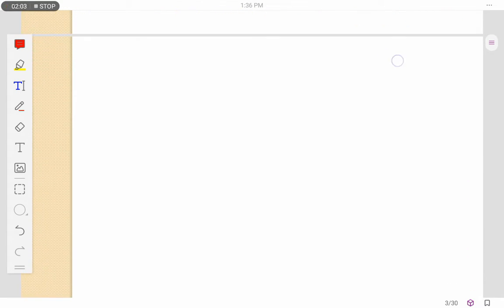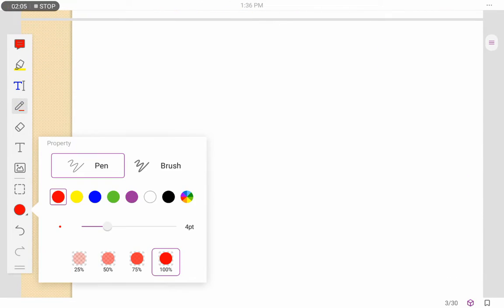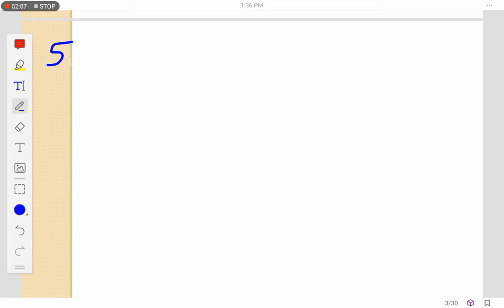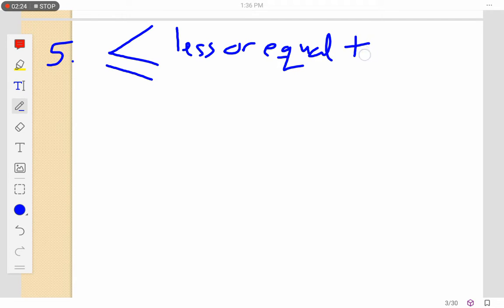We can have a scenario whereby we have numbers that are equal to each other, but less than. So we use this sign, less than but equal to each other. This one we call less or equal to. This is the less or equal to sign.